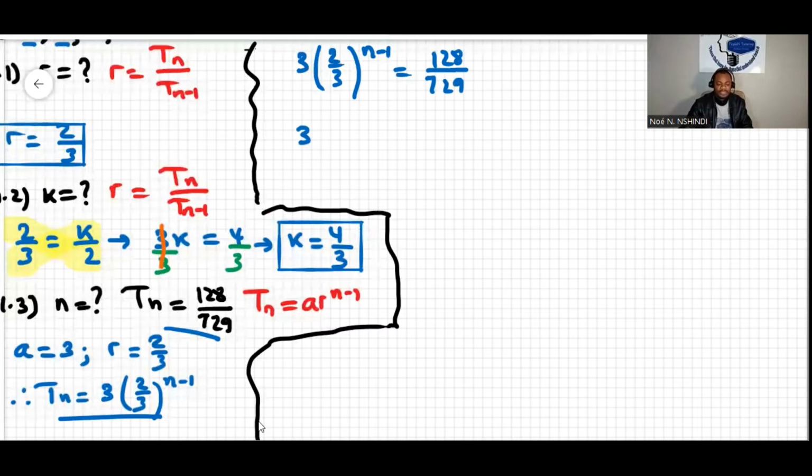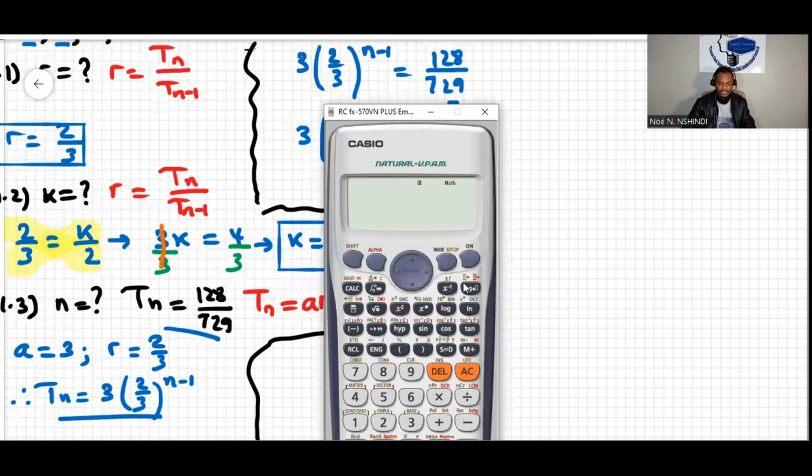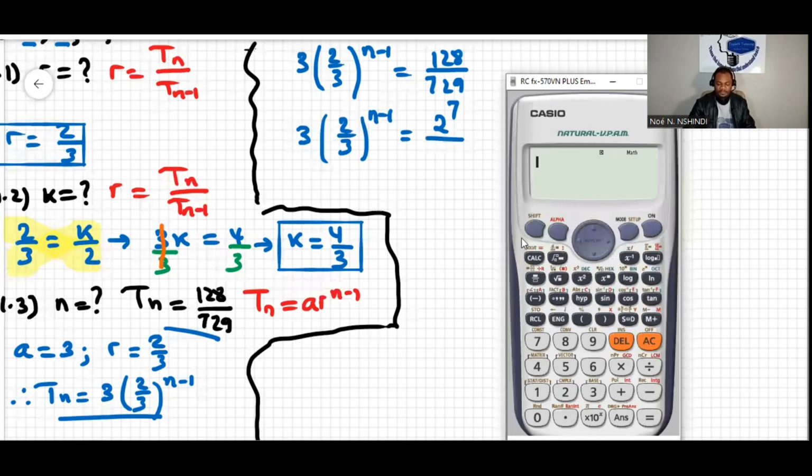I can see immediately that I can write the numbers on the left hand side and the right hand side in terms of prime factors, because 128 is equivalent to 2 to the power of 7. If you're unsure, you can use a calculator. I can show you now. Open a calculator like this.